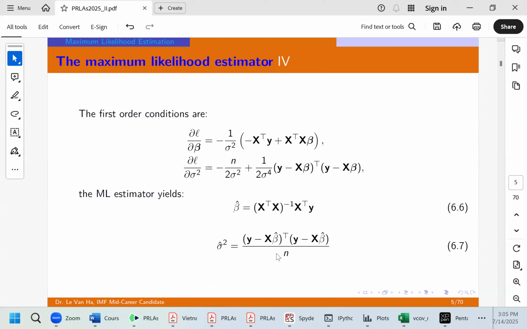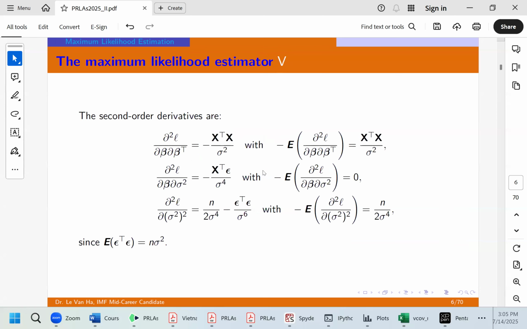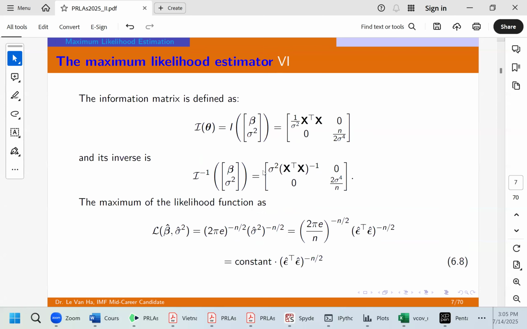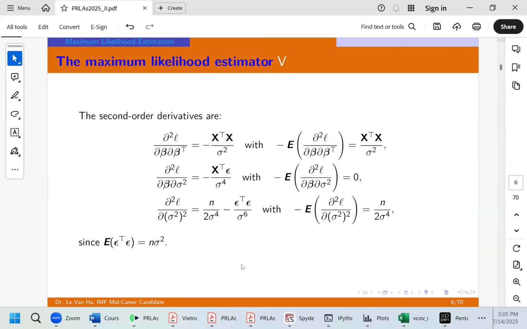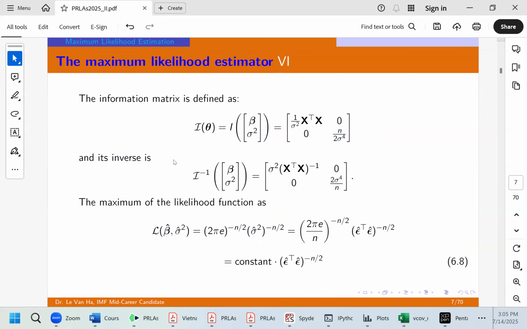Now, this introduction is meant for the maximum likelihood estimator. Some further information: the second order derivative is known as the information matrix, and it's the variance of the first order. That's something you have to read.